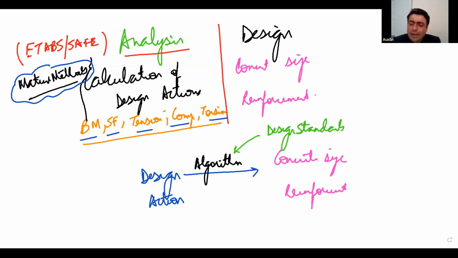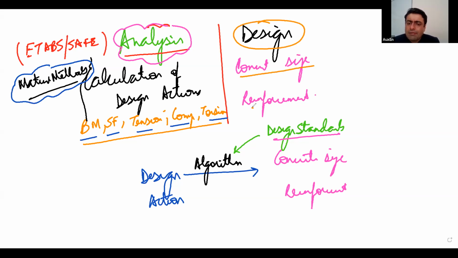Generally you will see that the design standards do not talk a lot about analysis. They do talk about analysis, but not very much. Mainly the design standard will focus on the design part, which means finding out the concrete size required and the reinforcement.